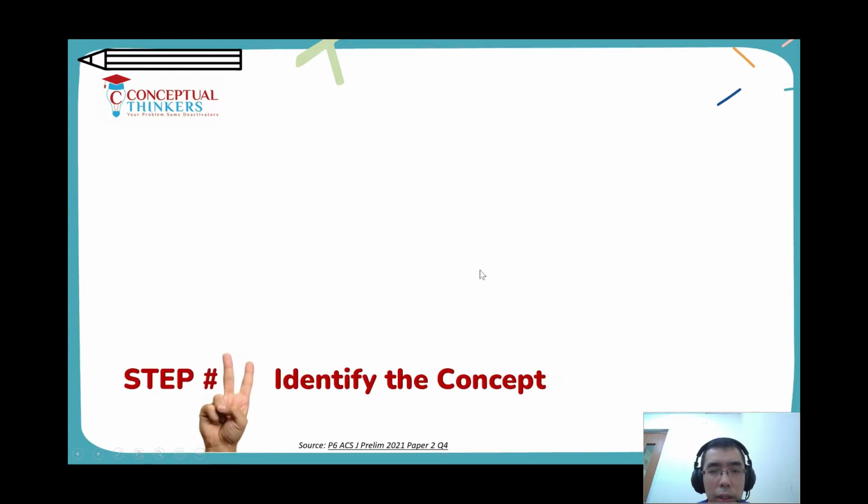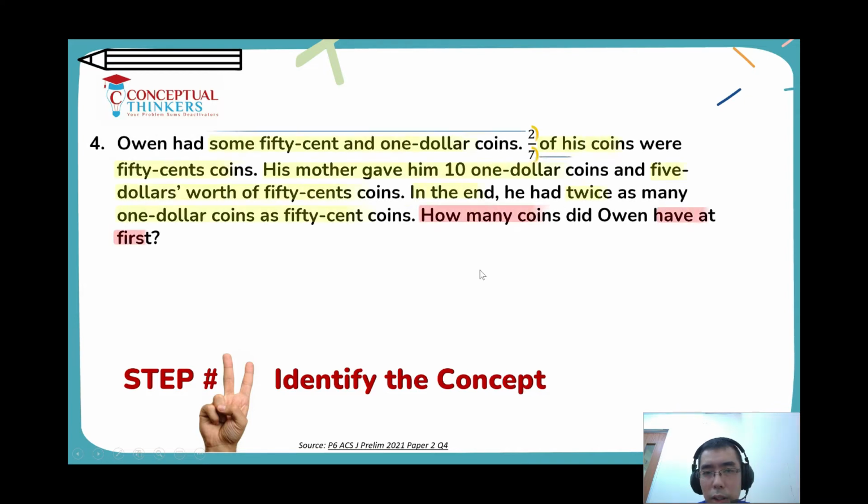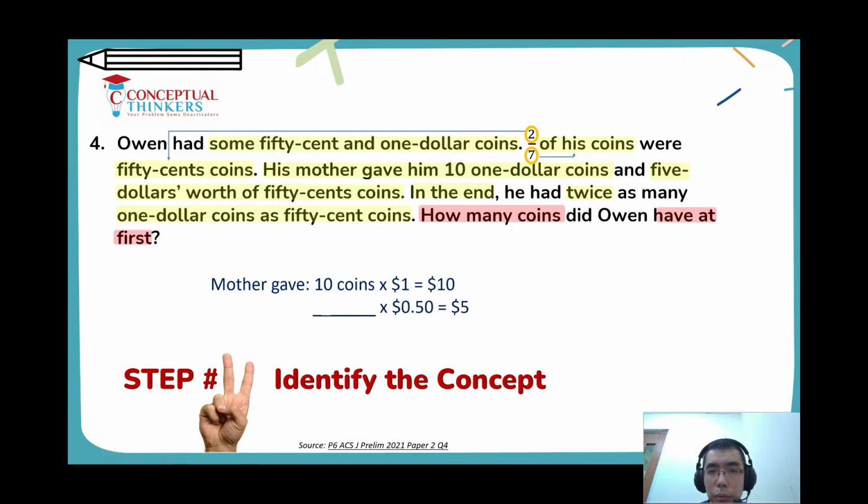So next, let's identify the concept. We notice that the mother gave 10 coins of $1 to Owen, and if we convert the $5 worth of 50-cent coins, that will give us 10 coins.